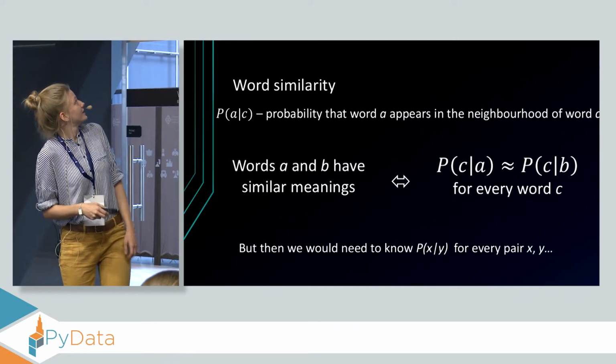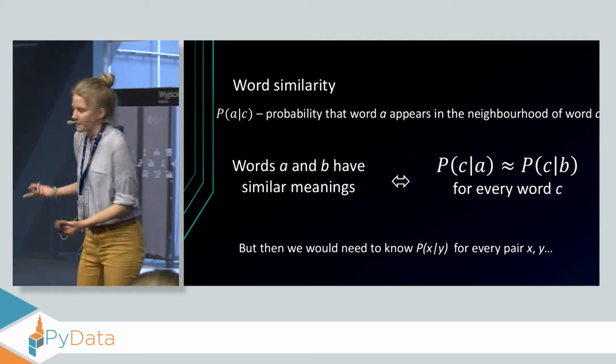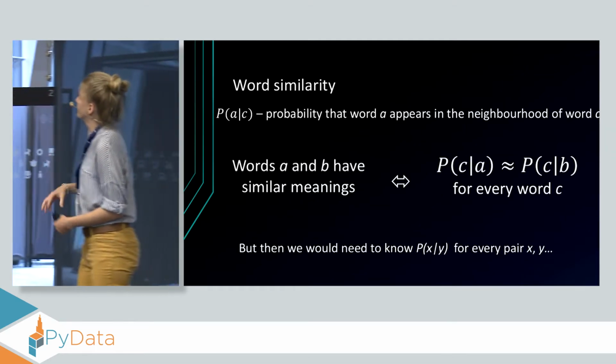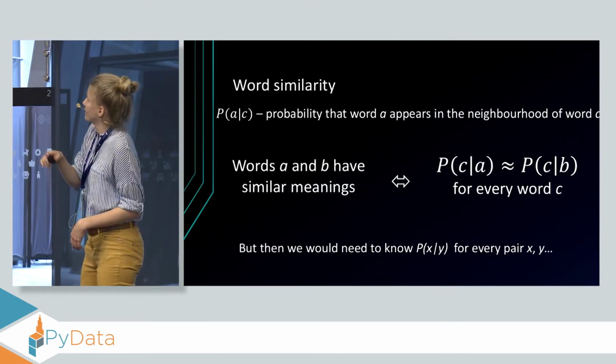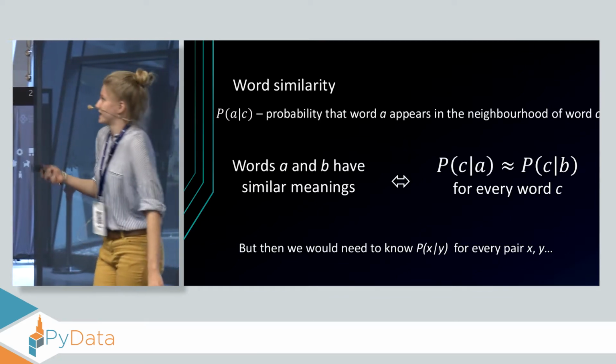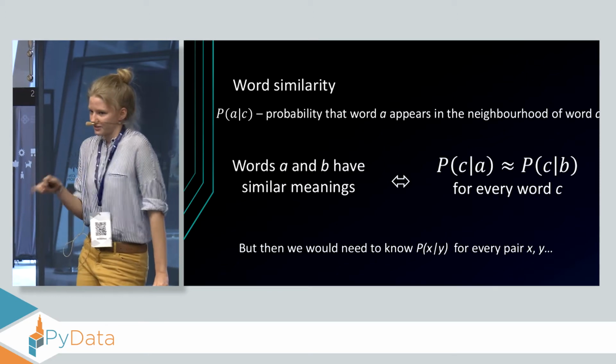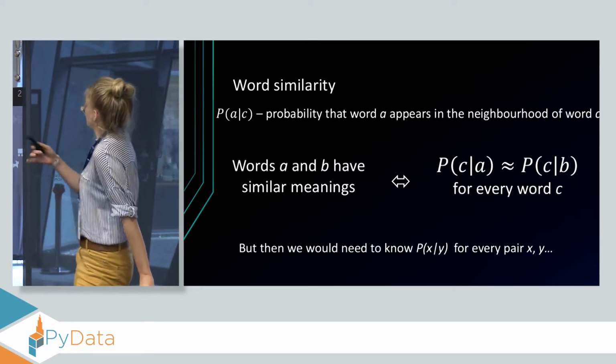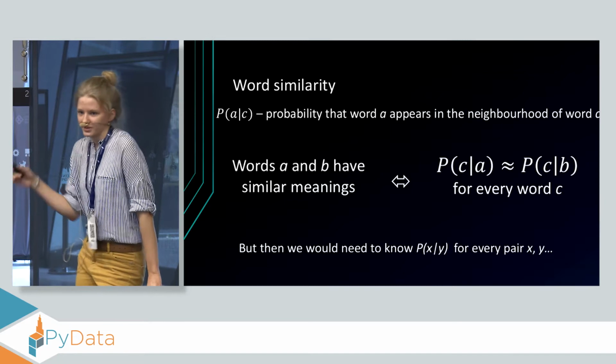So we have the probability that the word A appears in the context of a word C. Like I said, two words have similar meanings if they appear in the same context with the same probability.